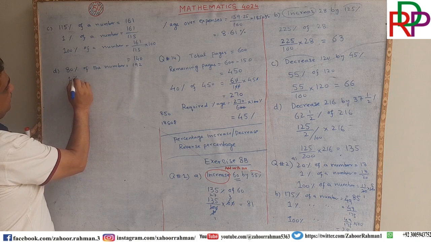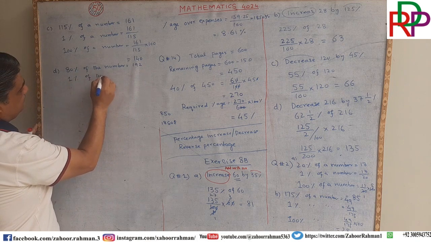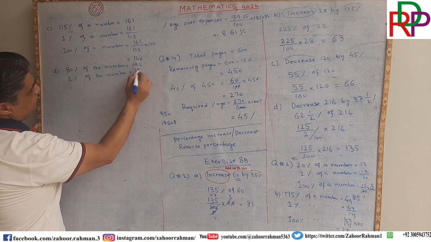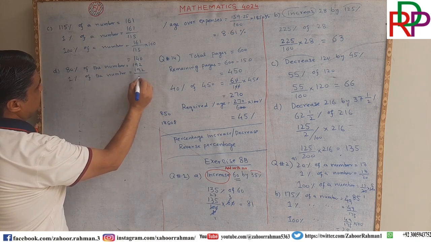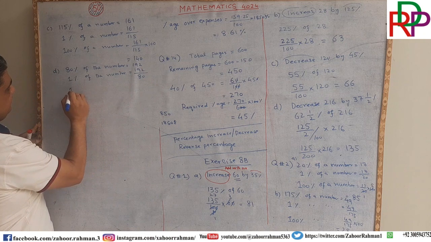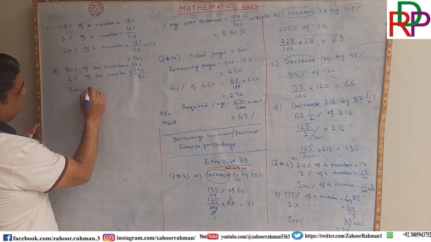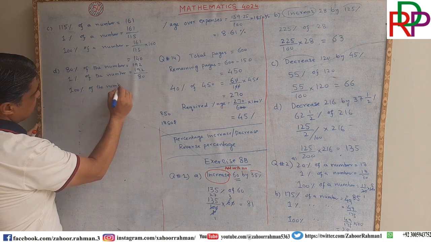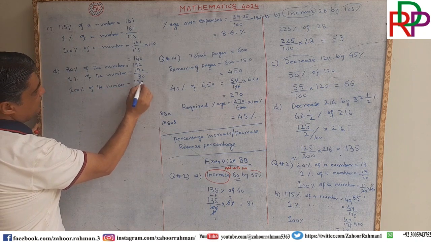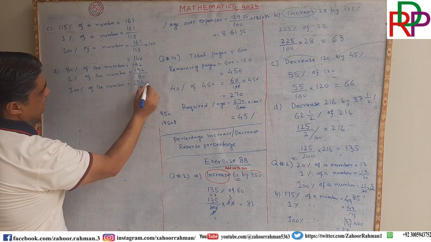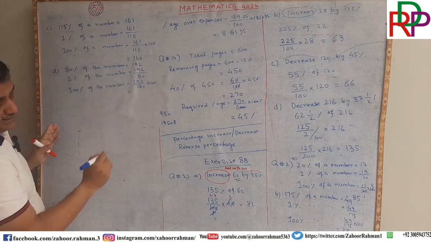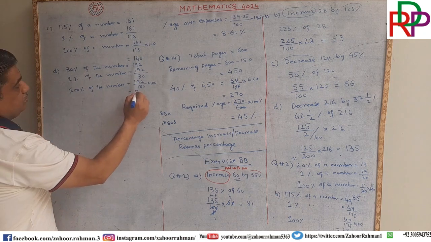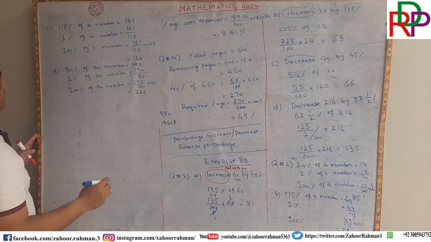So we have to find 1% of the number, which is 192 divided by 80, and then we have to write 100% of the number is equal to 192 divided by 80 multiplied by 100, and the answer is 240. So 240 is the answer.